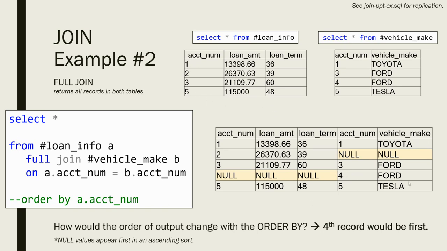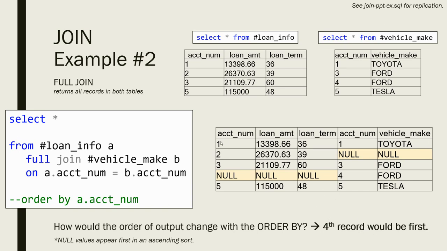So we have the value from the right table here in the 4th record in the output, and we see that null values are supplied for the left table because account number 4 does not exist in that table. So this gives you the full possibilities. A full join is the complete set of records between the two tables, regardless of whether there's a match. The last point here, how would the order of output change with the order by?